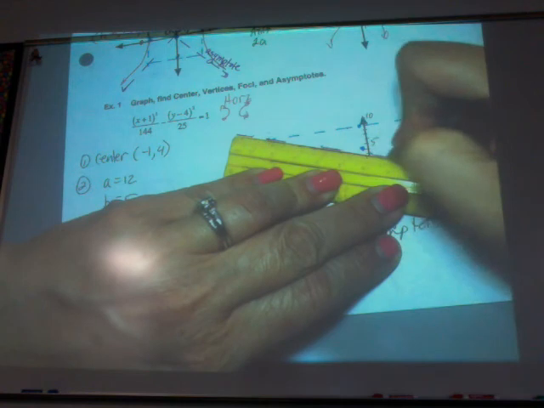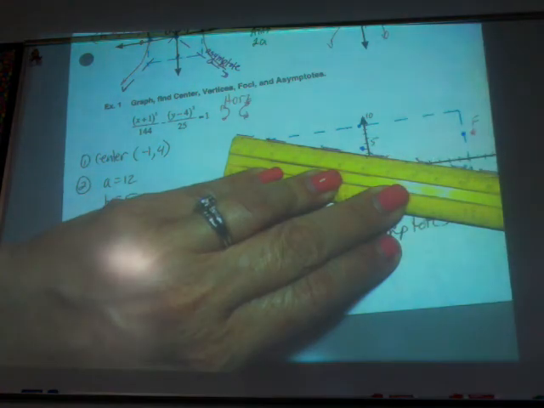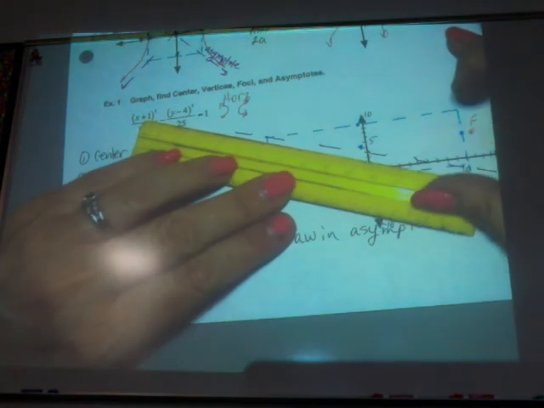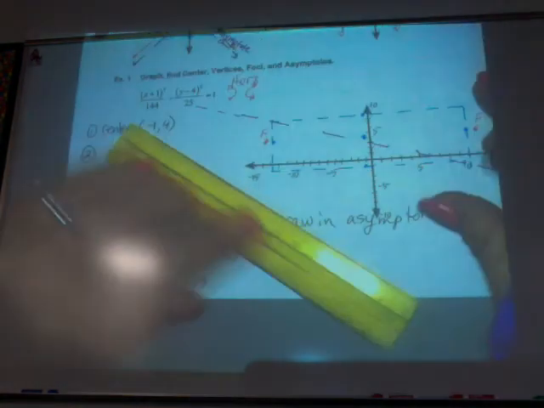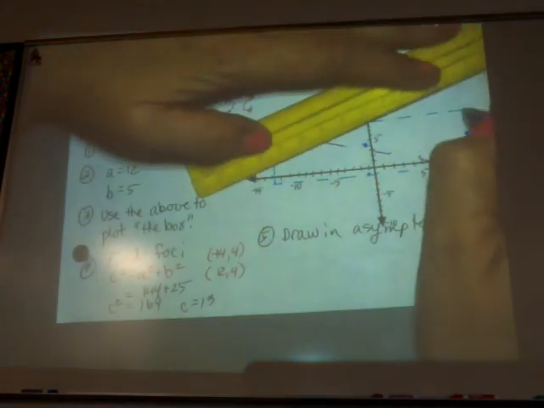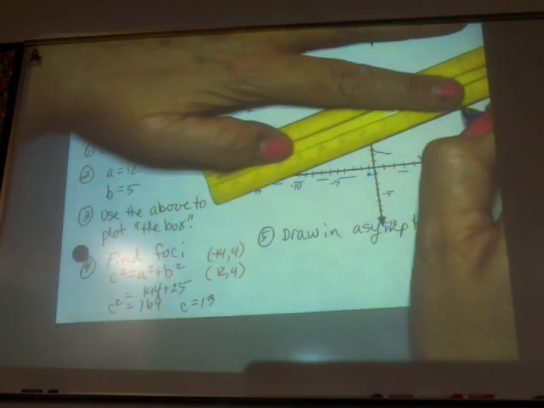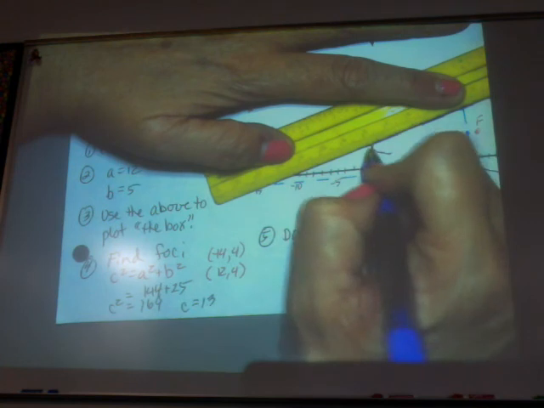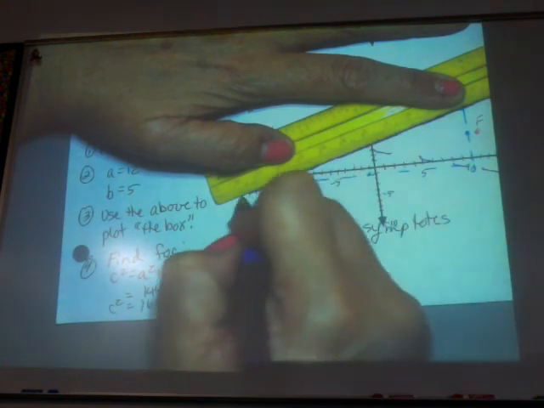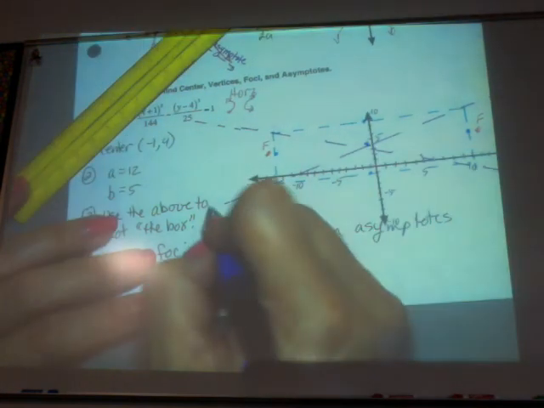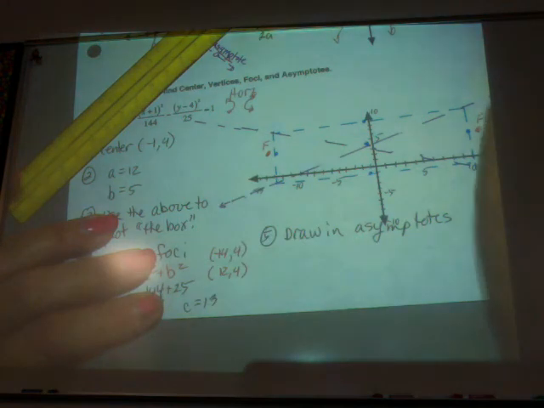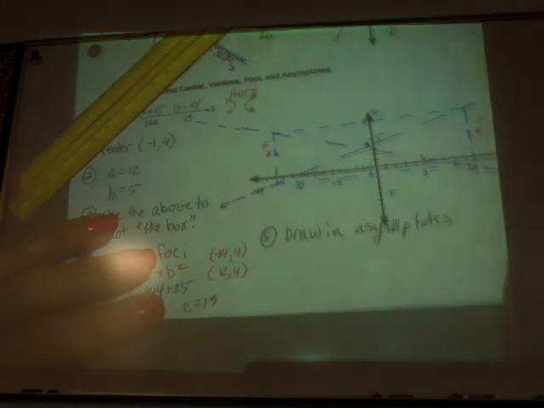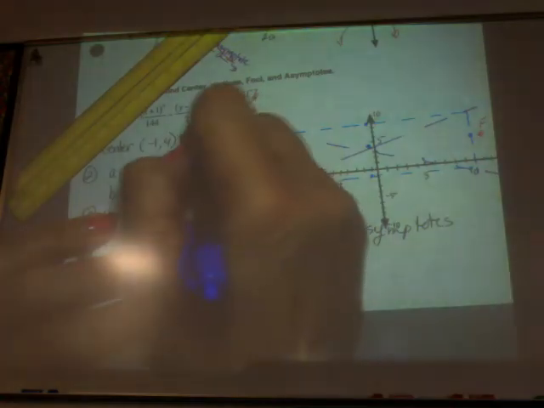And you want to extend these asymptotes out as far as possible because it gives you a better shape. I messed up just a smidge there. And the asymptotes should be intersecting at the center, which they do. If they don't, then you did something wrong when you made your box.